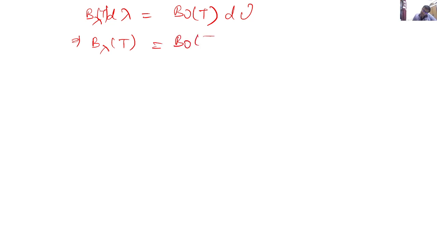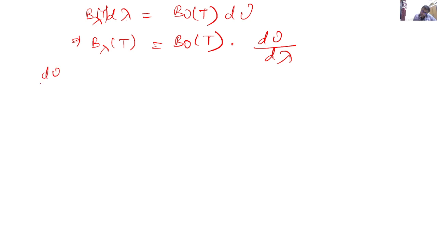So b lambda t d lambda was equal to b nu t d nu. This is what we got from the previous one. So we can also get b lambda t to be equal to b nu t d nu by d lambda.